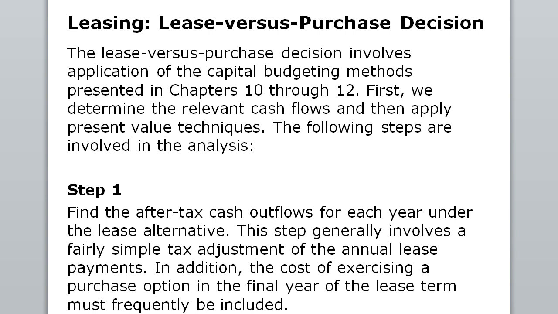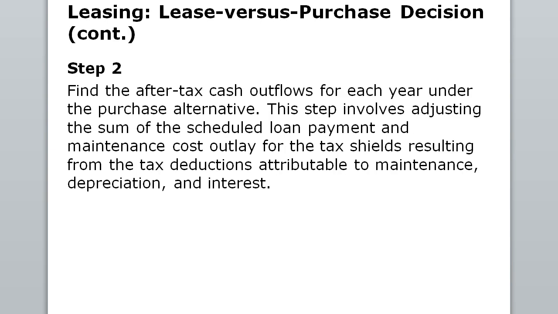So, step one: we want to find the after-tax cash outflows for each year under the lease alternative. In this step, we generally look at the tax-adjusted annual lease payments, in addition to the cost of exercising the purchase option in the final year of the lease term, which should be included. In step two, we find the after-tax cash outflow of each year under the purchase alternative.